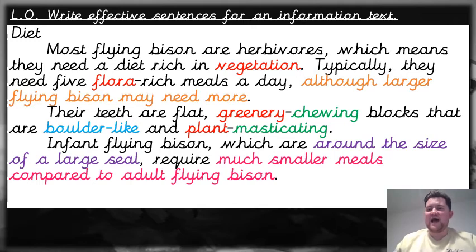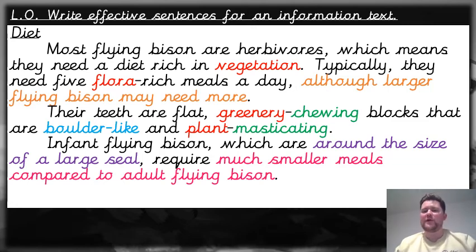Or I could say after they've been on a long flight, or before they prepare to fly, or because they are such large animals. Their teeth are flat, and look how here I've used a red word, another synonym for plant from my chunk 1. So their teeth are flat, plant-guzzling blocks that are iceberg-like and flower-chomping.